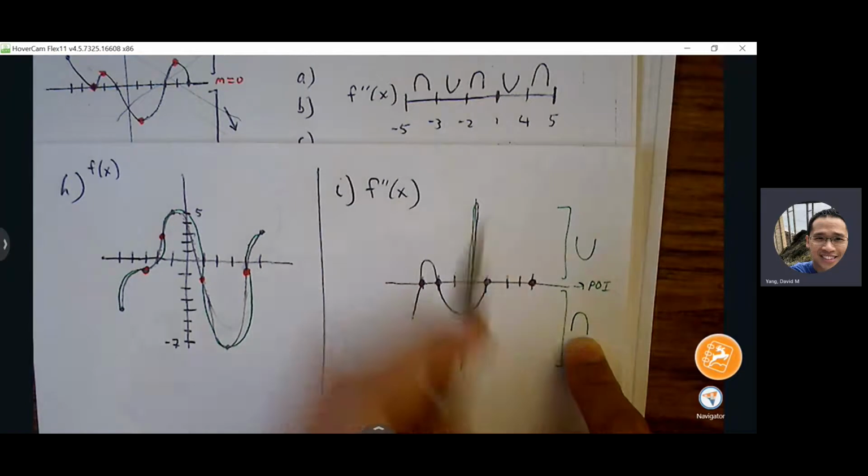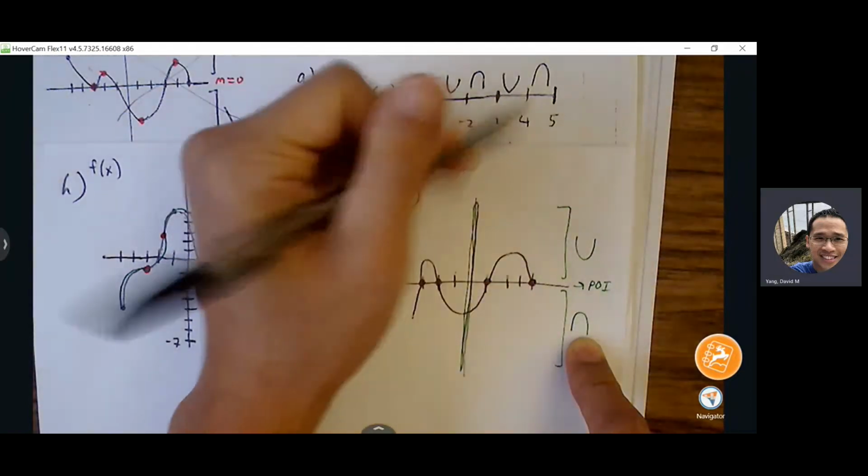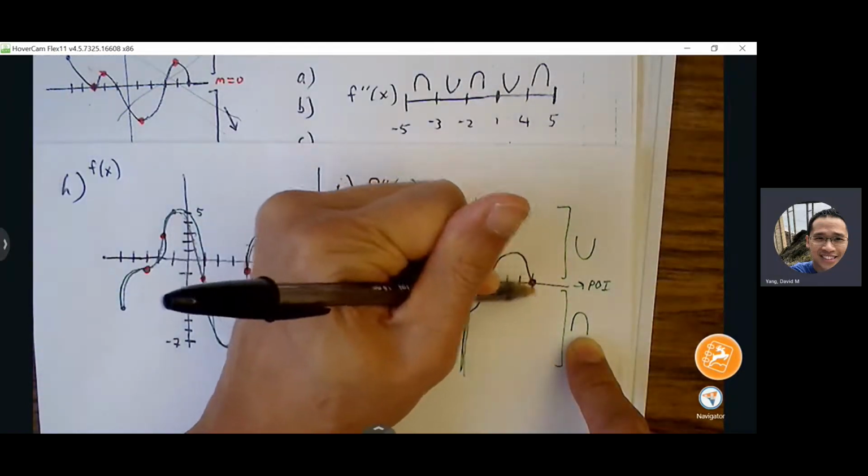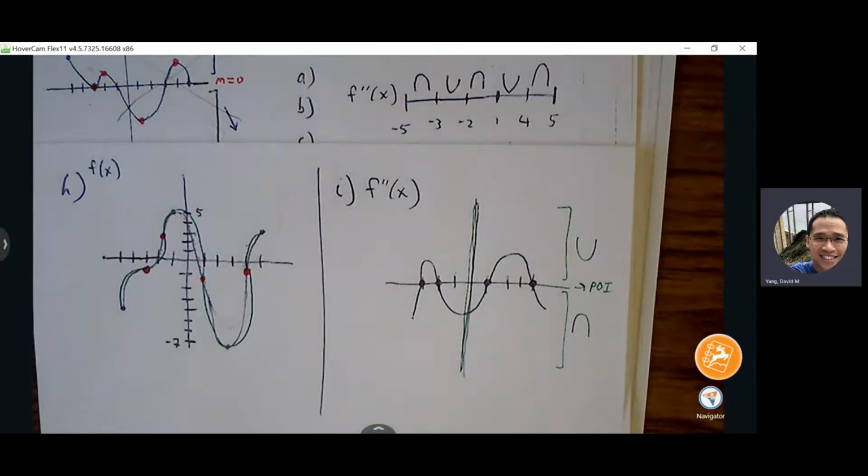Between 1 and 4, above. And between 4 and 5, below. Okay, you'll see virtually this exact same problem, just with a different starting graph. Are you guys okay with that? Okay.